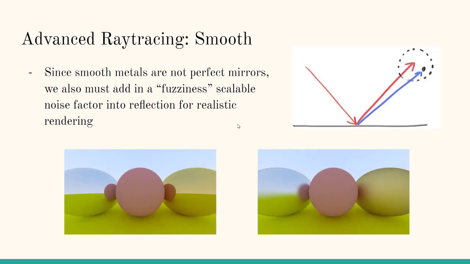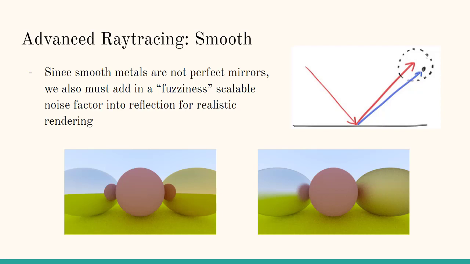Secondly, for smooth metals, if you think of maybe a piece of aluminum foil, it's not actually a perfect mirror. You can see your reflection, but there is some fuzziness there. And so we can actually add that in as a coefficient, as a factor, by simply adding in a bit of random noise.